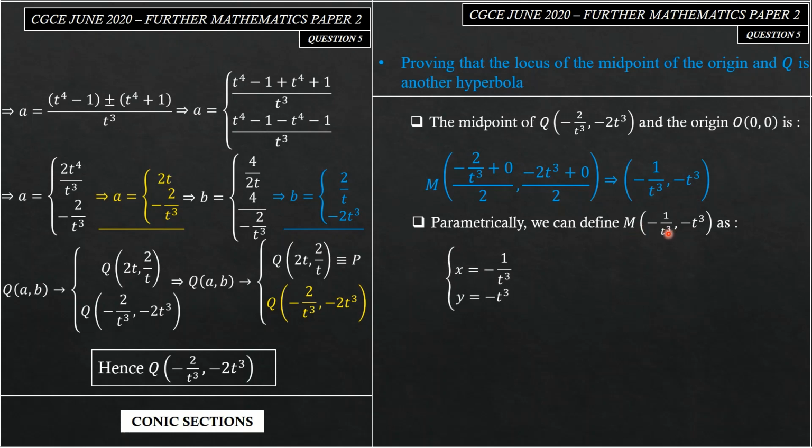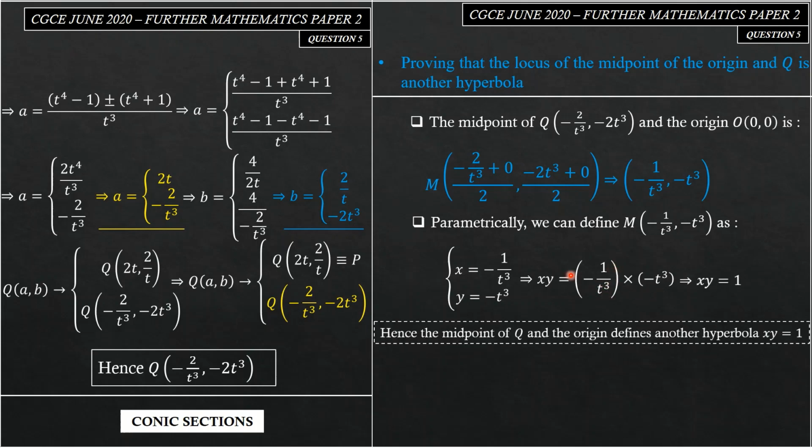So we can define it parametrically as this. We have the x coordinate to be negative 1 on t cubed and the y coordinate to be negative t cubed. So for a hyperbola, we need to multiply the x and y. Multiplying negative 1 on t cubed times negative t cubed will give us 1. So our xy is equal to 1 and xy equal to 1 is another hyperbola. Remember that the original hyperbola that was given to us was xy equal to 4.